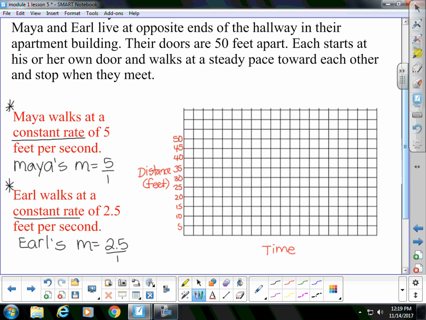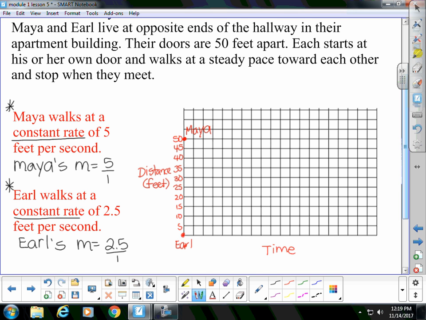They said that the doorways were 50 feet apart. So Maya's doorway, I said I was going to put at the top. This dot right here is going to represent Maya, and this dot down here is going to represent Earl. Remember, labeling is very important. Again, this first example is just to give us a general idea of what we're going to be doing today.